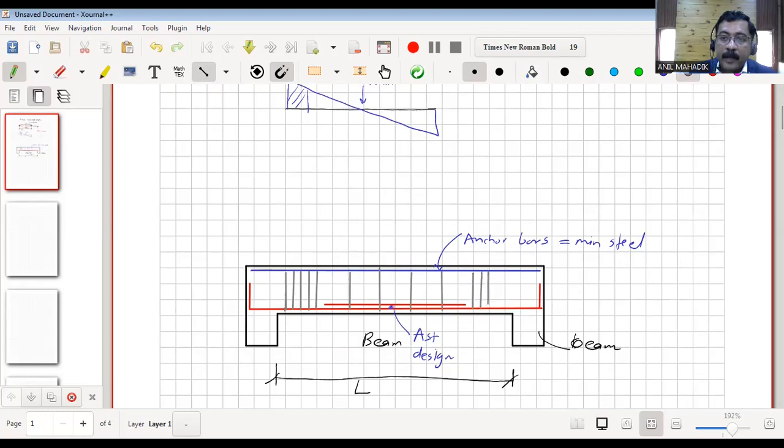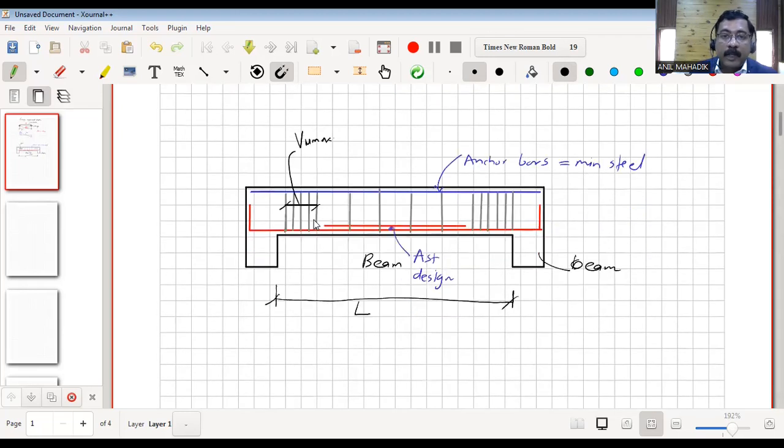You can see the spacing near the support is very close. So this will be the overall detailing for the simply supported beam. As I said, these are stirrups designed for this Vumax. Now we will see what the detailing will be.